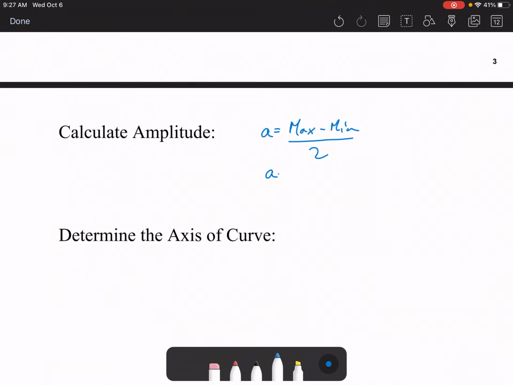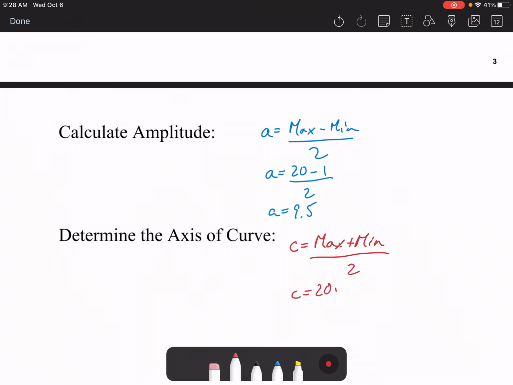We're going to use those values, and we get 9.5. Figure out our axis of curve, similar process, just max plus min, divided by 2. 10.5, sorry. Calculator wrong.